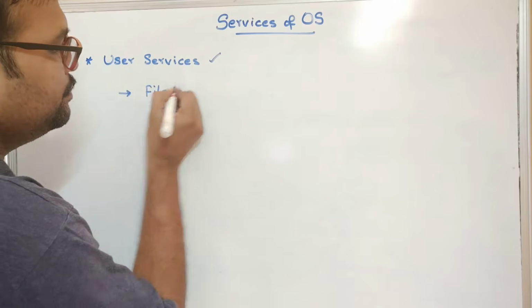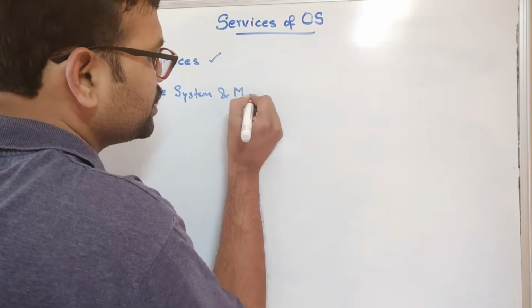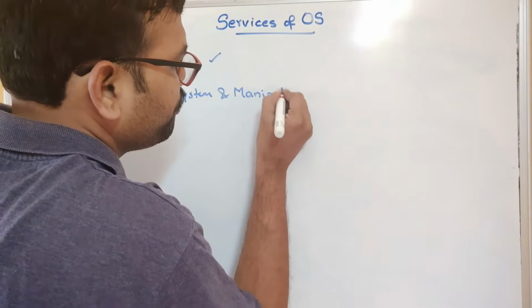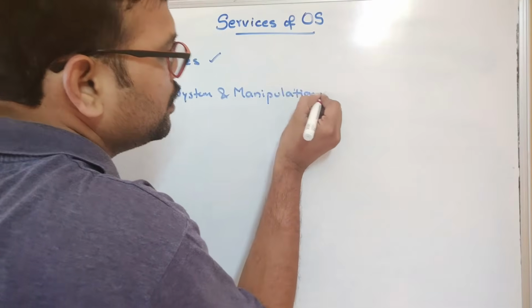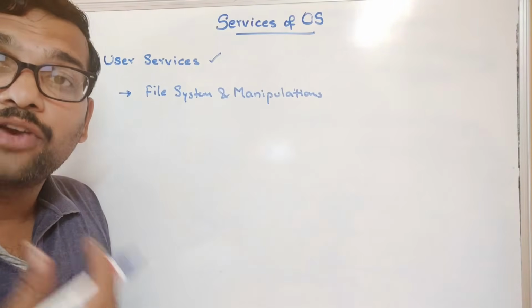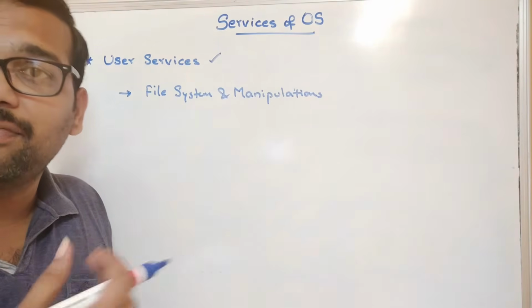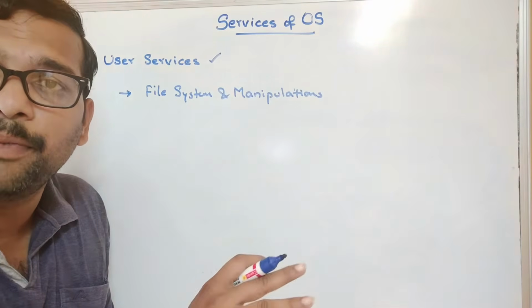Then the next one, file system and manipulations. Coming to the file system, we are going to write some data onto the files. We can read the data from the files, and we can store the files in memory.